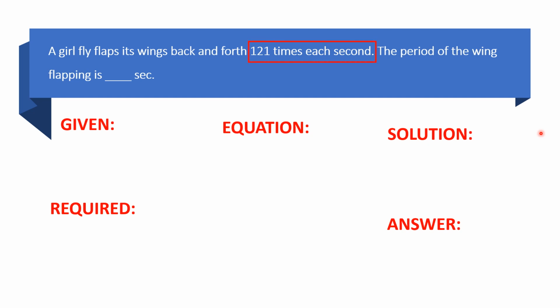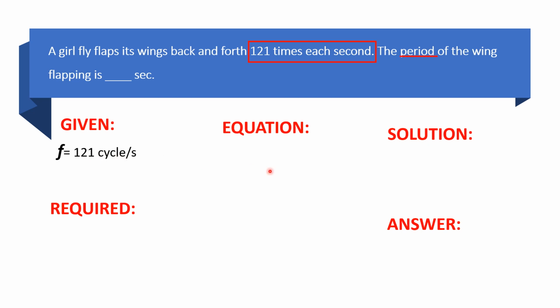From the problem, the given is 121 times each second. So let us put this given to this side. So that is the value of the frequency. So 121 cycles per second. As you can see, instead of putting time, I use cycle per second to indicate that is the frequency. So how often? That is 121 cycles per second.